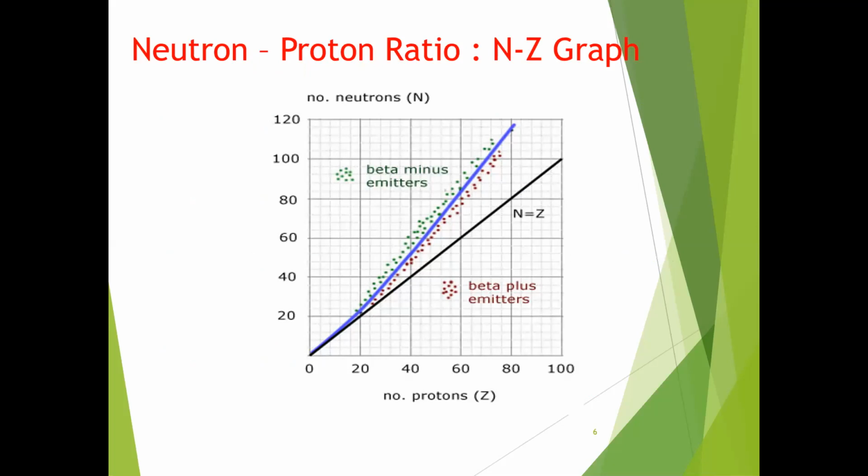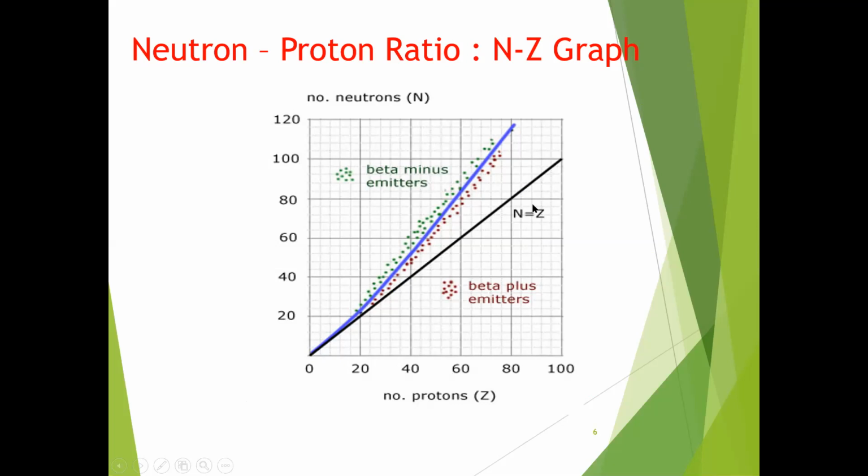From this neutron proton ratio we can assess the stability of the nucleus. If the neutron proton ratio is the same, if N is equal to Z, indicated by this black line, the nucleons are stable.